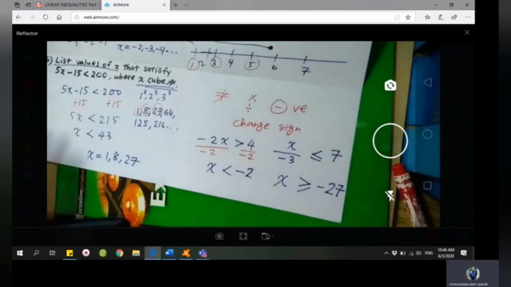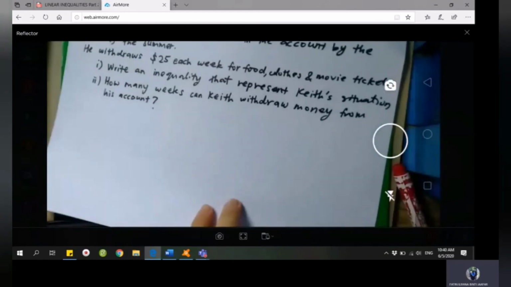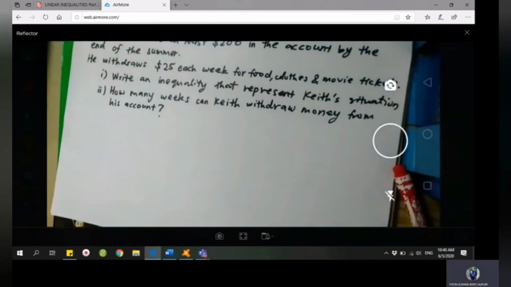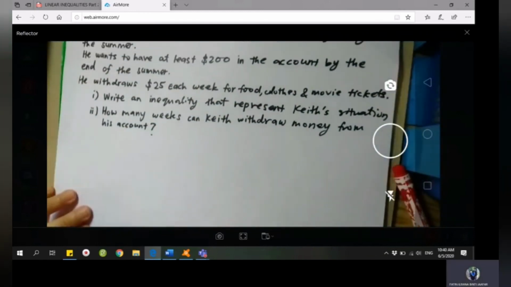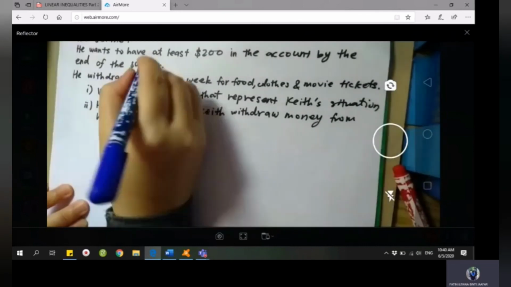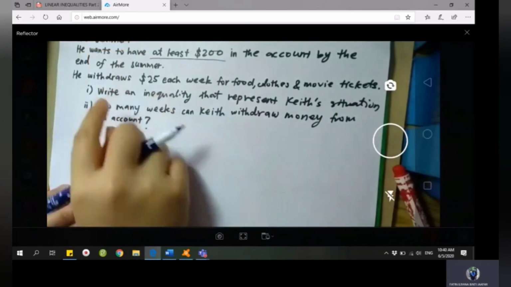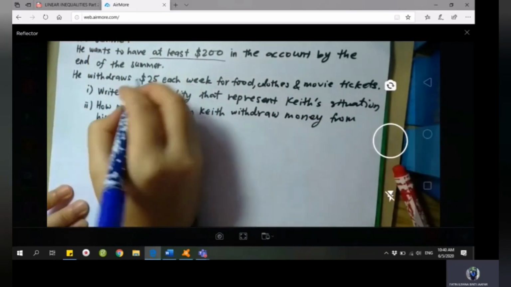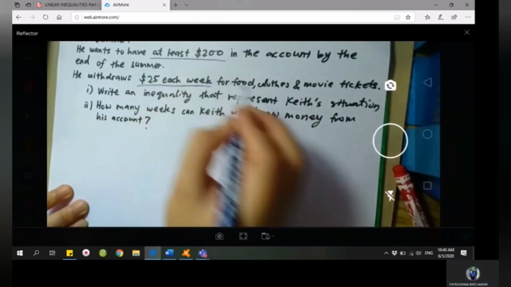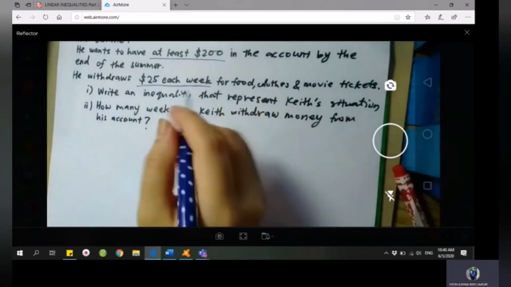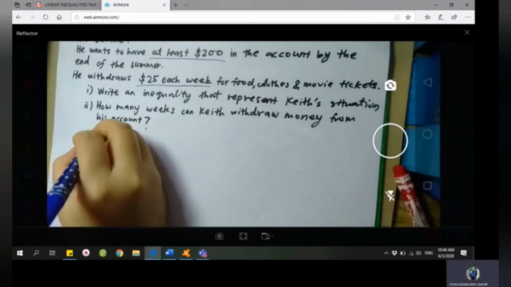Okay. And our last question, Keith has RM500 in the saving account at the beginning of the summer. He wants to have at least, so dia nak at least ada 200 dalam account dia. He withdraw 25 each week. Okay. Write an inequality. So kita kena buat inequality dia.